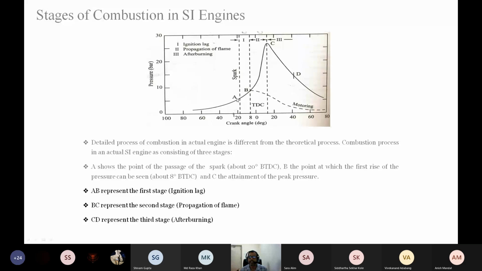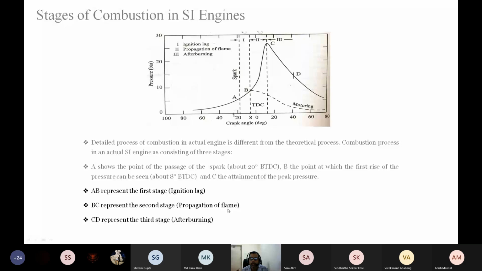So A to B is the period in which no combustion is taking place, even though the spark is created at point A. That is called ignition lag. And then B to C, where the combustion starts and reaches one maximum point C, that is called propagation of the flame.